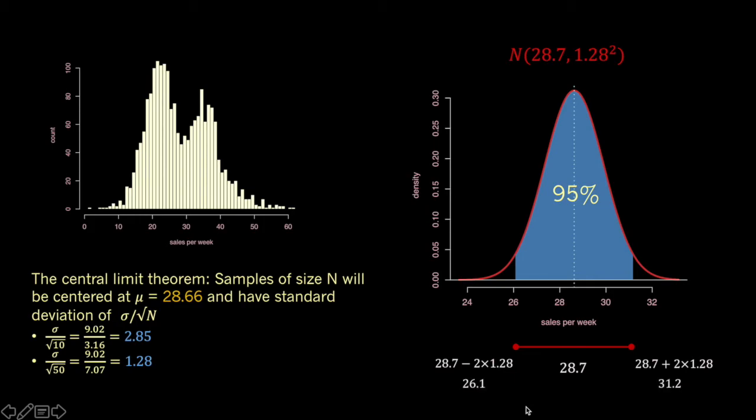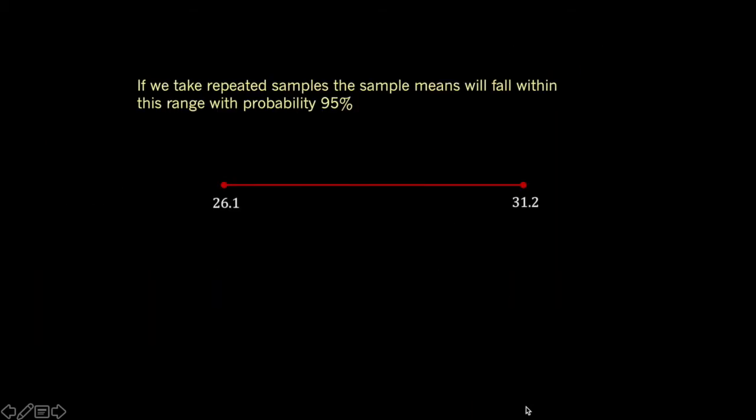So we know that if we take sample means, with 95% probability, they're going to fall between 26.1 and 31.2. That's a prediction from the central limit theorem. Let's look at this more visually. We have computed an interval that encloses 95% of the probability under the distribution of the sample mean.